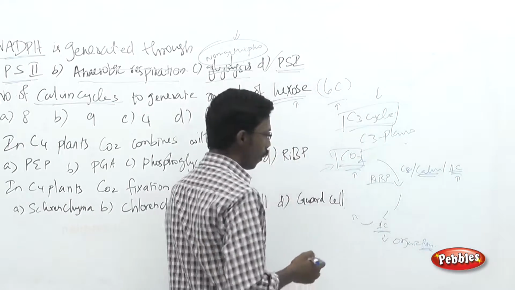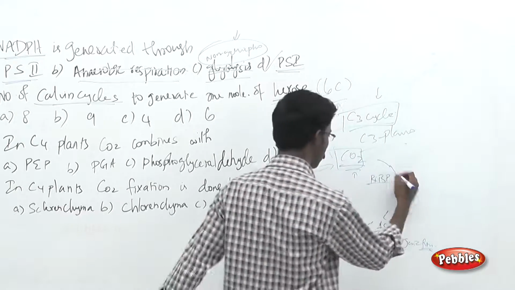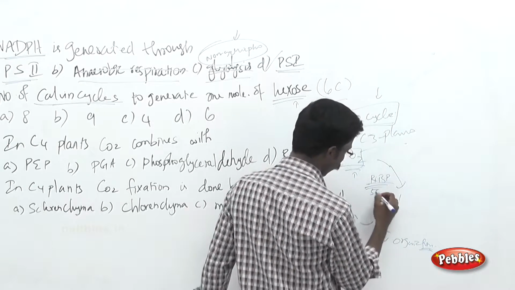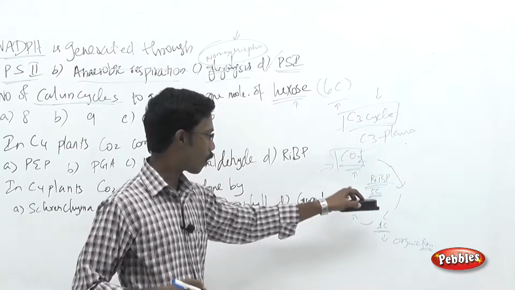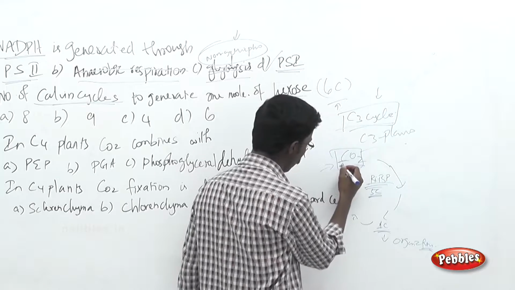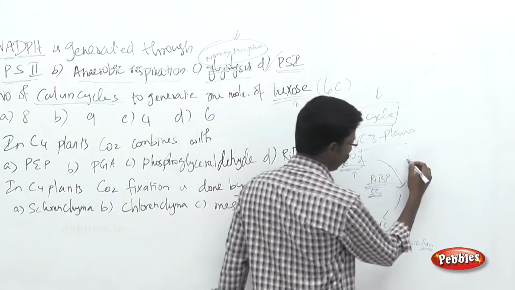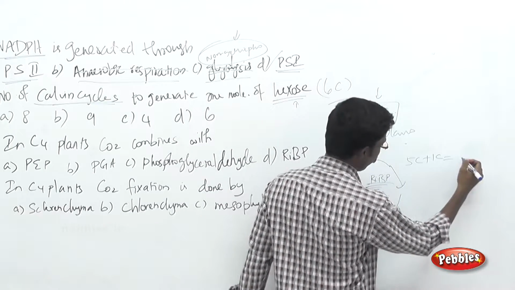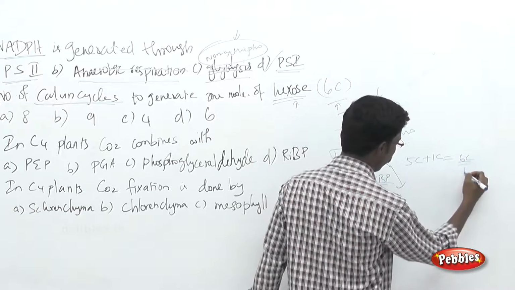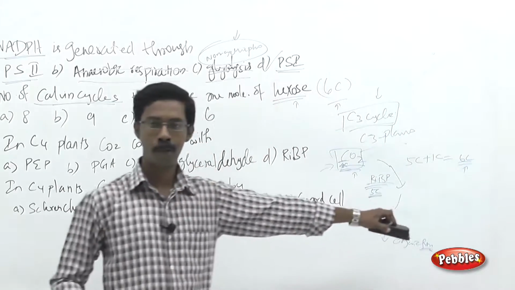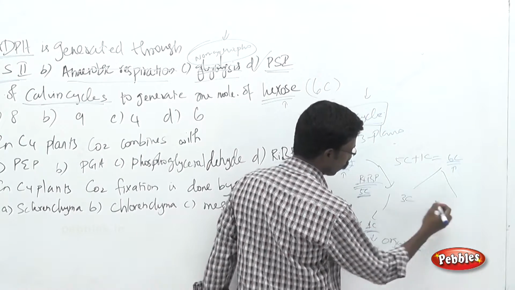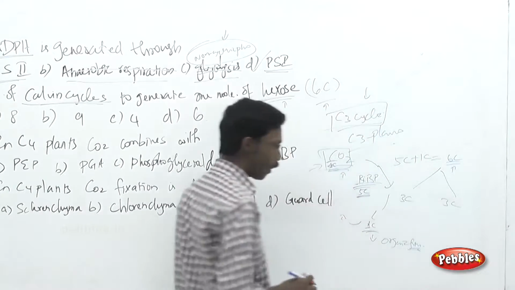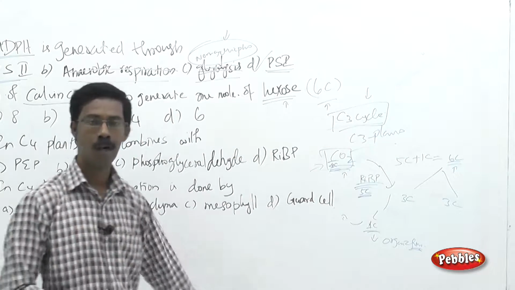Okay, so the point you have to remember over here, as I told you, ribulose bisphosphate is a 5 carbon sugar. It will accept the carbon dioxide. Carbon dioxide has 1 carbon. Okay, 5 carbon plus 1 carbon will synthesize a 6 carbon intermediate. This is a temporary molecule. This 6 carbon molecule immediately will form two 3 carbon molecules, and it will enter into the formation of the organic compound.